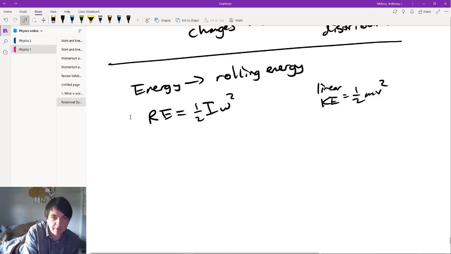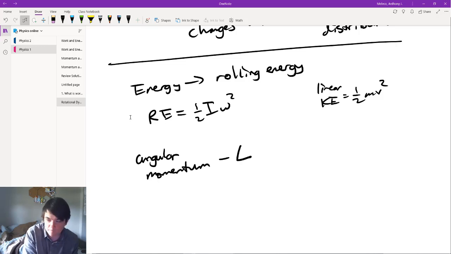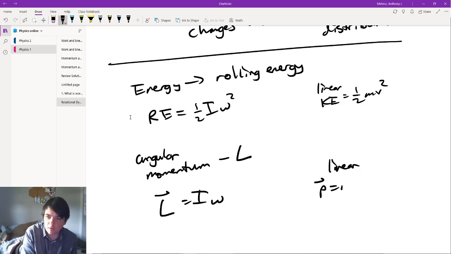You had angular momentum, which is L, and L equals I omega. The linear case was p equals mv.